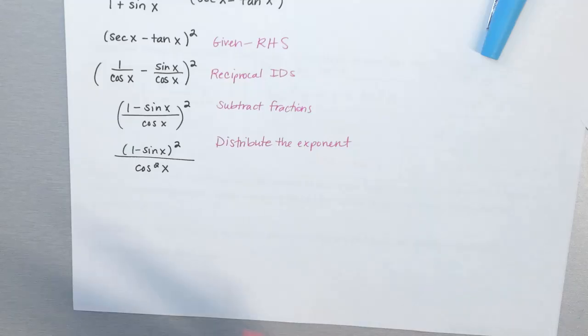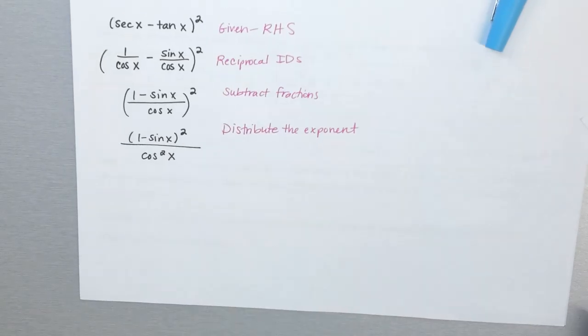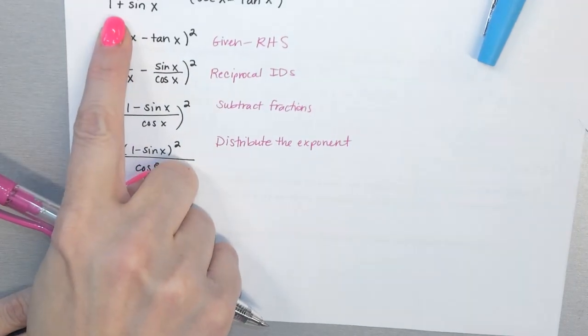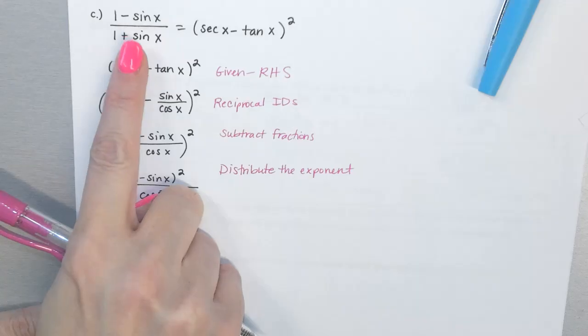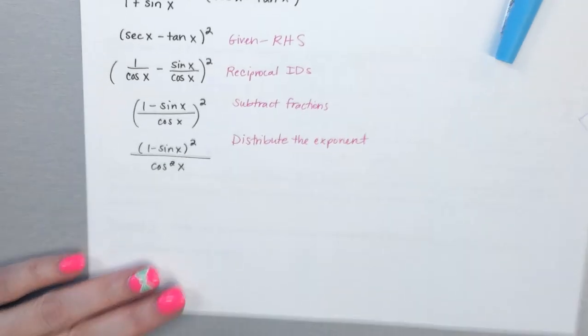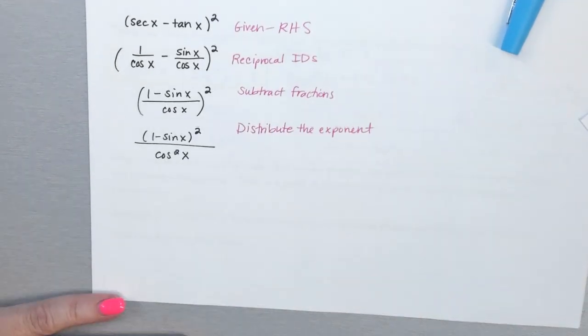Okay, sometimes with these, all you need to do is rewrite something in a different way in order for you to see what the cancellation is. So that's going to be something I'm going to show you in this example. Also, I can see here I want 1 plus the sine in the bottom. So if I have the cosine squared, that lets me know that I can use the Pythagorean identity.